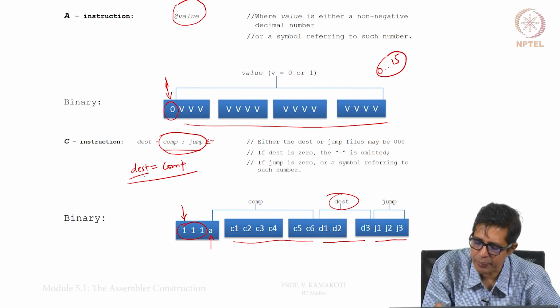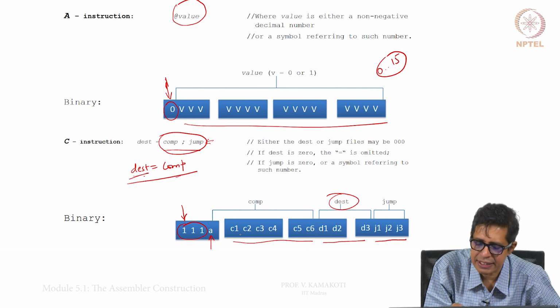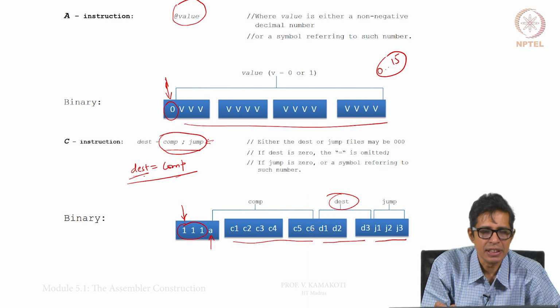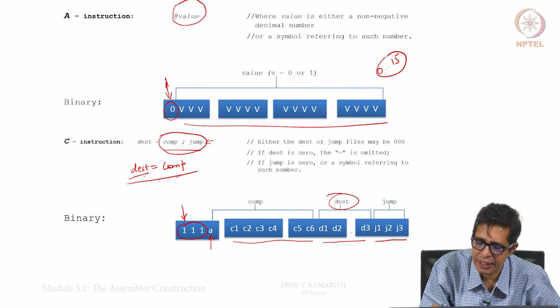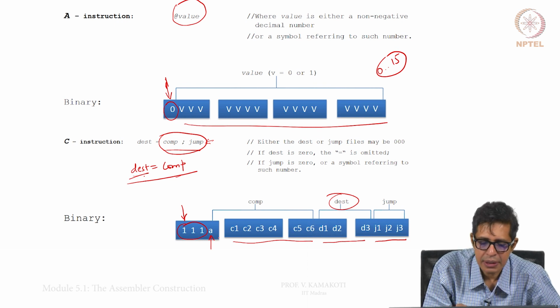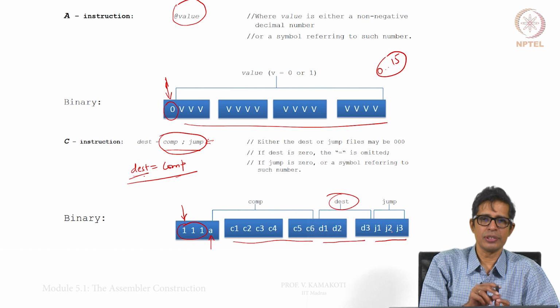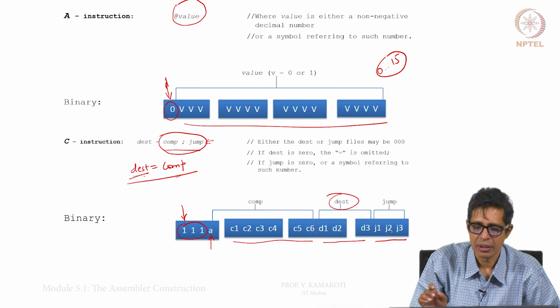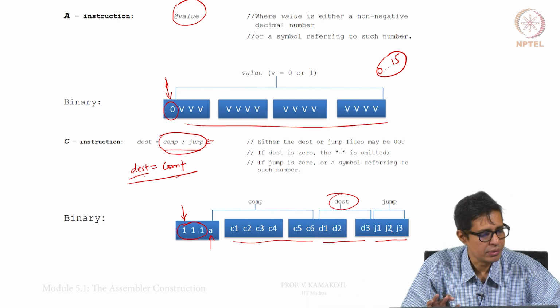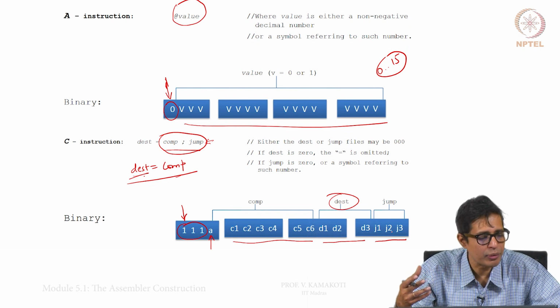The dest tells me D1, D2, D3, and the comp tells me A, C1 to C6. If I have comp semicolon jump, then D1, D2, D3 are 0, the comp tells me A and C1 to C6, and the jump tells me J1, J2 and J3.